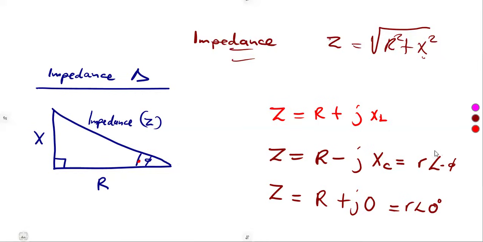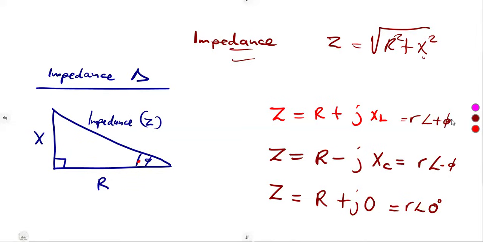Meaning if we are given this, we know that it is going to affect our answer there. Whereas in this case, we're going to have it in the form of R with the angle being plus.